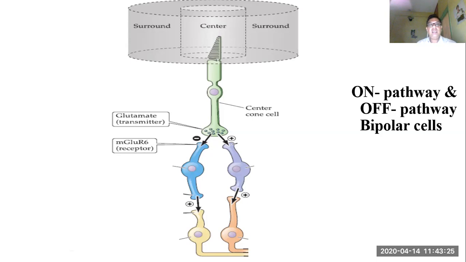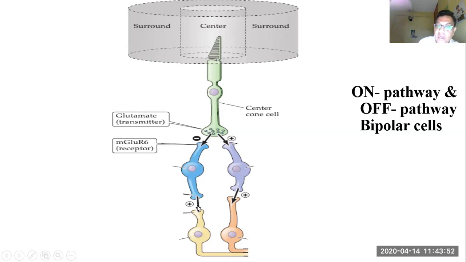So, in the presence of glutamate, the metabotropic receptors will hyperpolarize this cell.